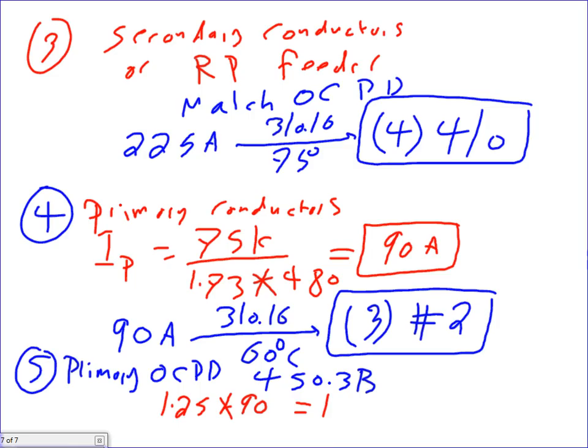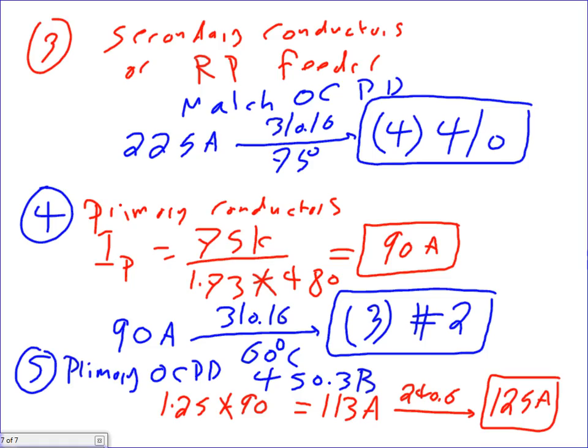Take this one to 240.6, which will give me 125 amp. So I size the overcurrent protection device from the transformer out to the panel at 125.